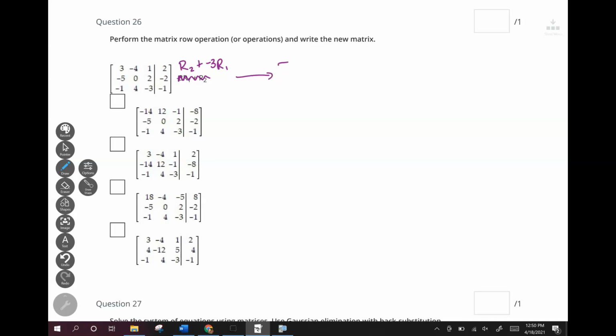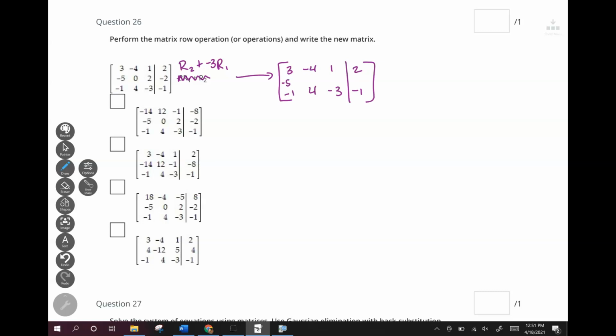All right, so how would that look? So row 1 and row 3 are not going to change. But row 2 is going to get -3 times row 1 added to it.